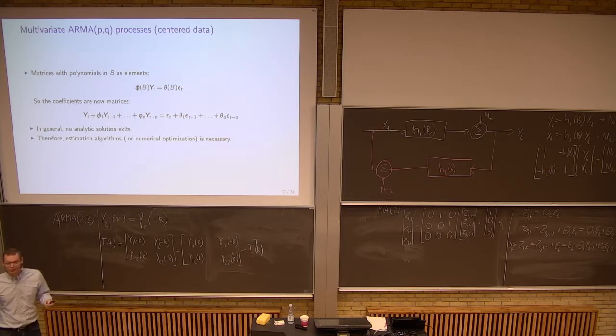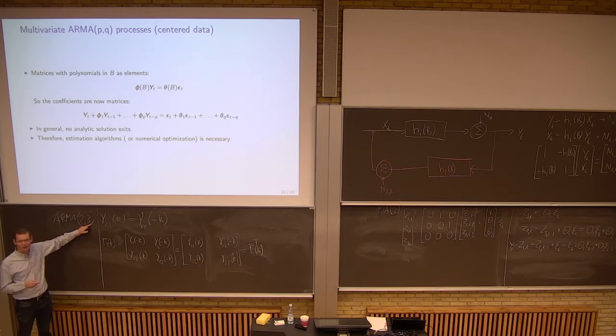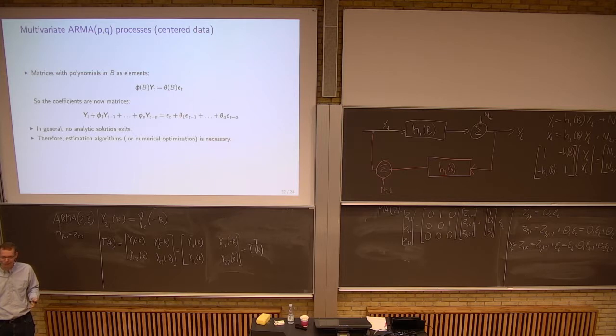But then you skipped something. In this case, you have 5 2 by 2 matrices. So the number of parameters in that model is 20. Whereas in the univariate case, it's just 5.